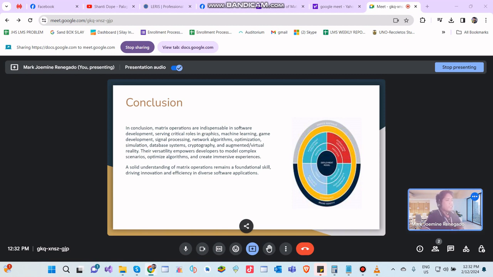Their versatility empowers developers to model complex scenarios, optimize algorithms, and create immersive experiences. A solid understanding of matrix operations remains a fundamental skill, driving innovation and efficiency in diverse software applications.